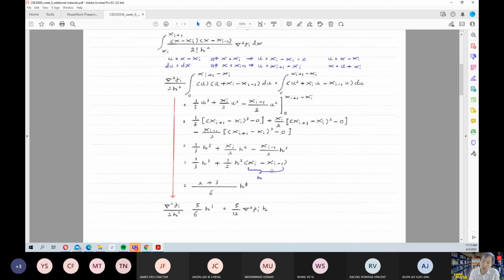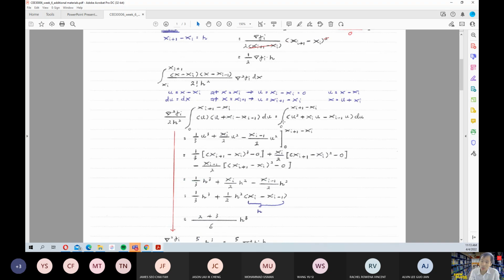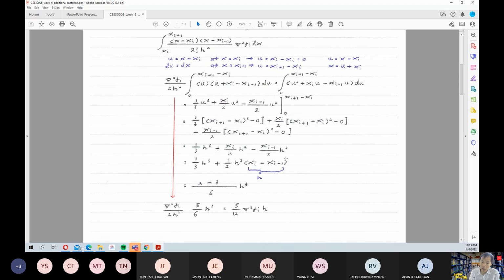You approximate that this one is equal to h because we don't have a changing increment in here. So the increments xi plus 1 minus xi, or xi minus xi minus 1, or xi minus 1 minus xi minus 2 are the same, so the step sizes are similar. In this regard, this will become h.